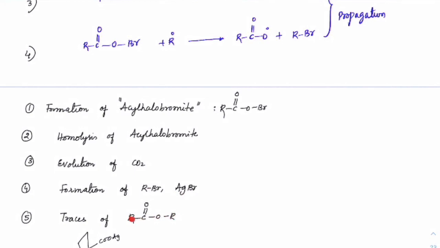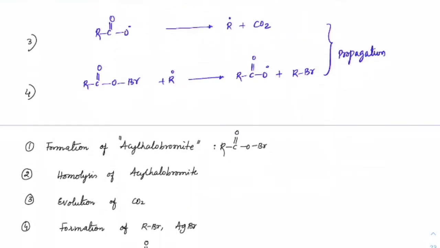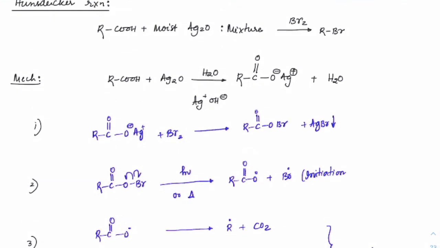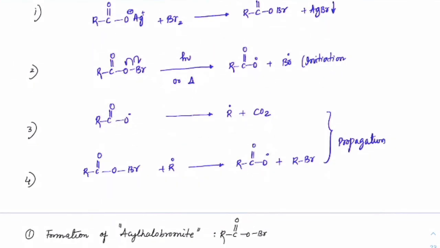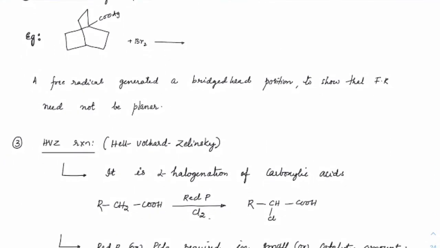There will be some traces of terminated product here. You can see these two can terminate and give the ester form. So this is just to remind you, we discussed the Hunsdiecker reaction before also. Okay. One good example you can remember is this one, on the bridge position, on the bridge carbon, right?